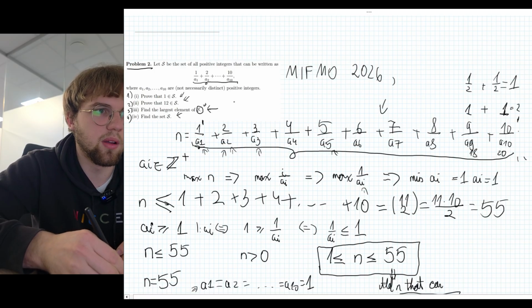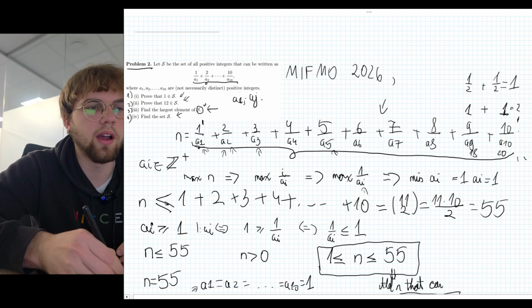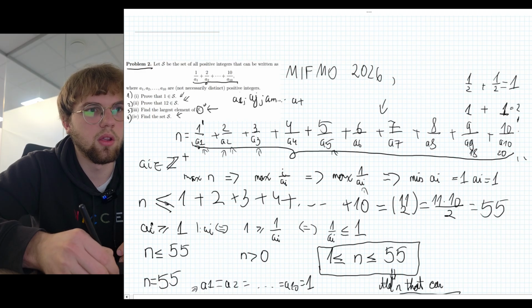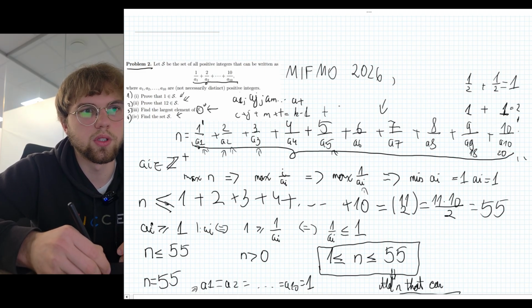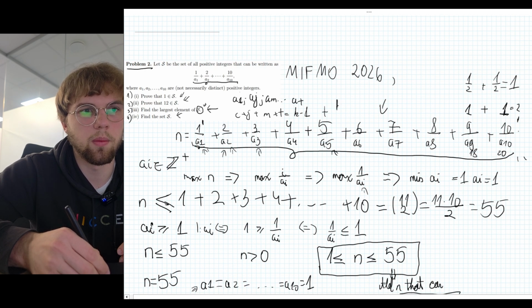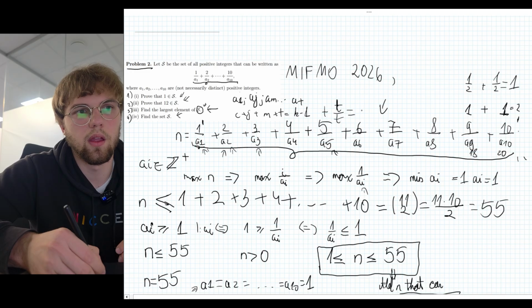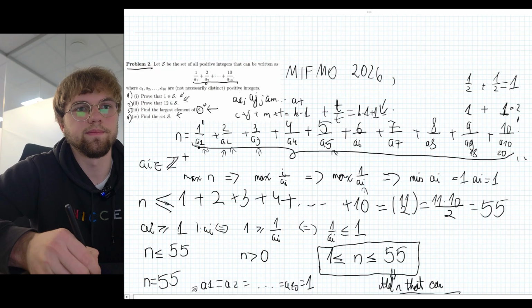So basically, with some numbers a_i, a_j, a_m, up to some a_t, you force these to be i, j, m, up to t. You make this k minus 1, and with the remaining denominators, you force them to be something, some t over t. And you'll have k minus 1 plus 1, which is k.